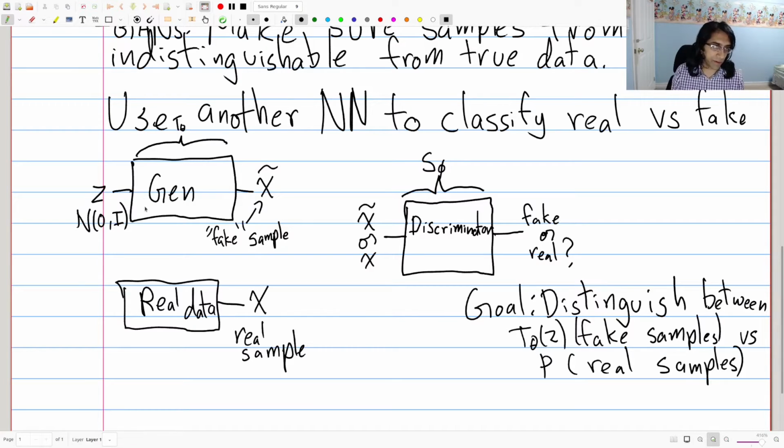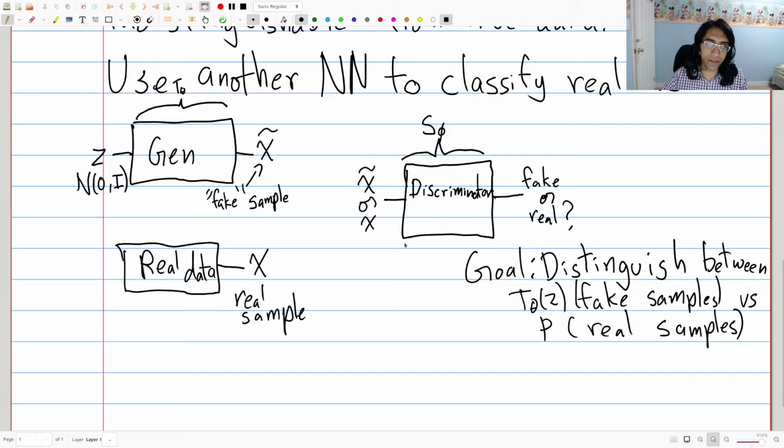There's one component here, the generator, which is trying to generate fake data which looks like the real data. And at the same time, there is a discriminator, which is trying to tell whether the data is real or fake.